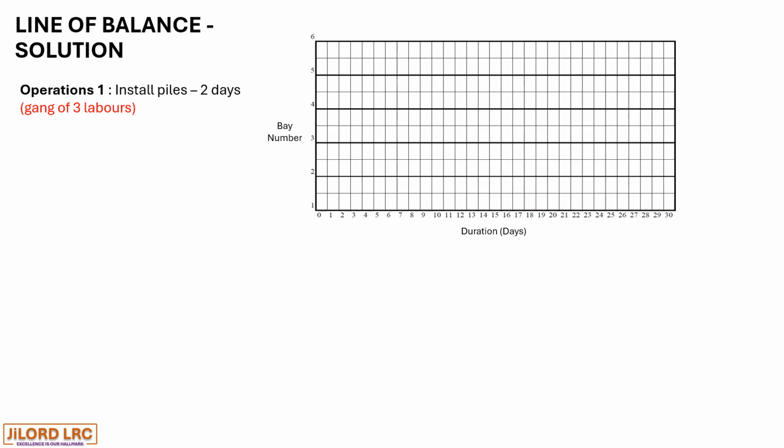Operation 1, which is installation of piles with a duration of 2 days for each bay, is as shown, which ends on day 12. With a buffer of 1 day, the second operation commences.